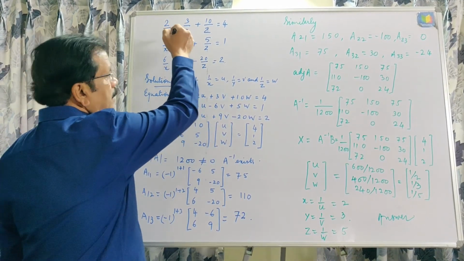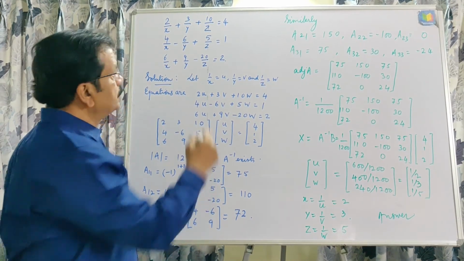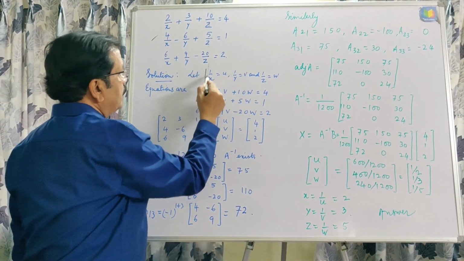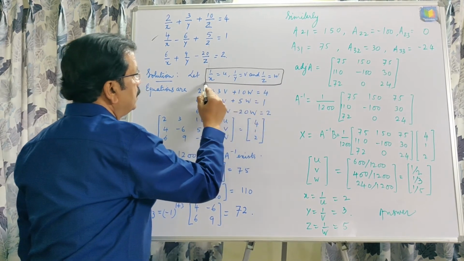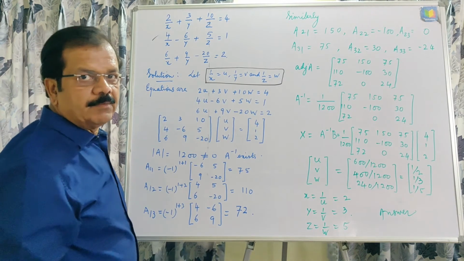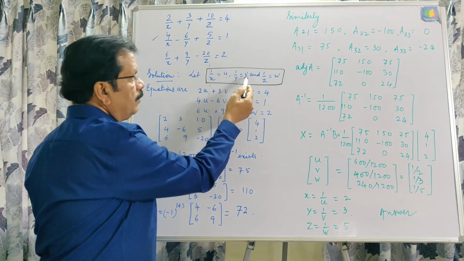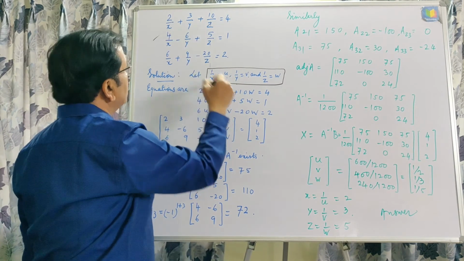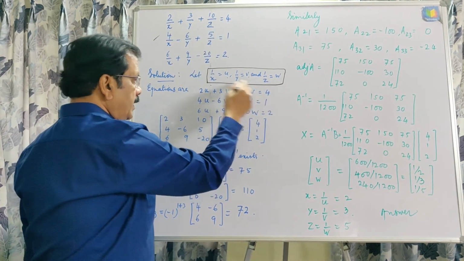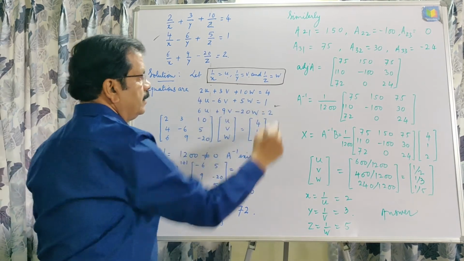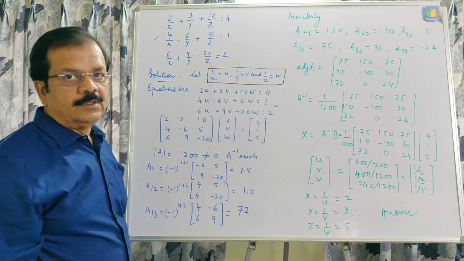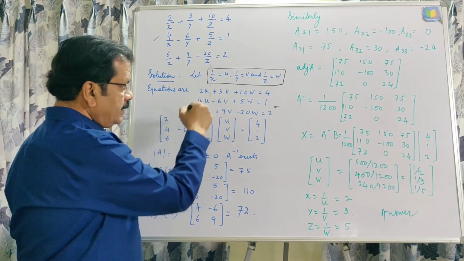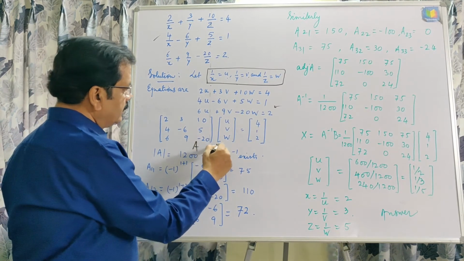Now in this question the variables are given in denominator, that is 2 upon x plus 3 upon y plus 10 upon z like this, and that is why in this type of question the variable can be written in numerator by changing with another variable, that is let 1 upon x is equal to u, 1 upon y is equal to v and 1 upon z is equal to w, and writing this way this will be 2u plus 3v plus 10w is equal to 4, and in this way we are getting this equation in the form of u, v and w.